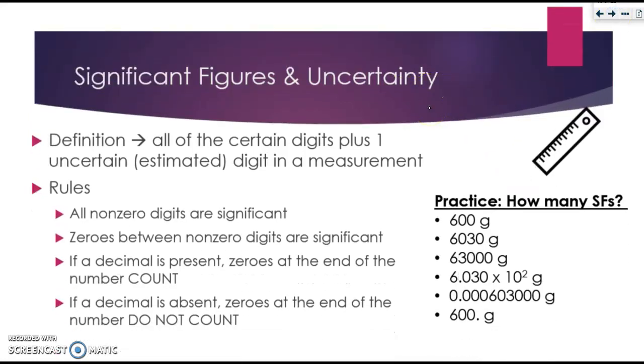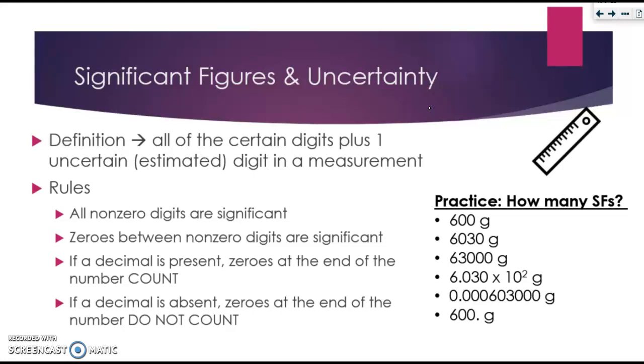Okay. Let's talk about significant figures. This is a really important concept and we use it throughout the entire semester. Significant figures are defined as all of the certain digits, the ones you're totally sure of, plus one uncertain or estimated digit in a measurement. There are rules that we are going to follow. They are here.